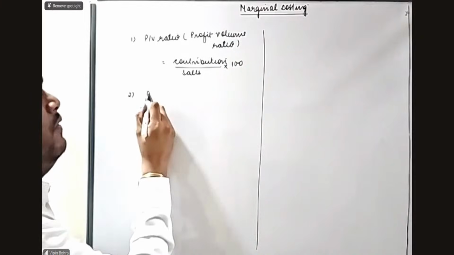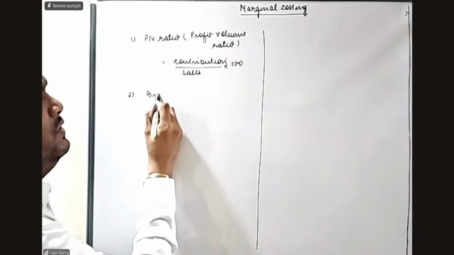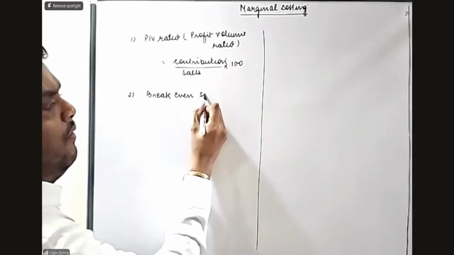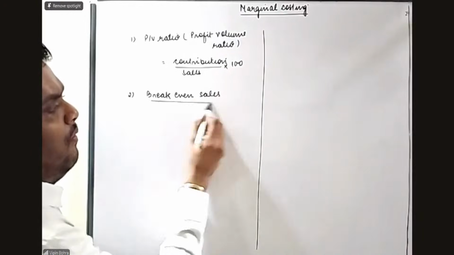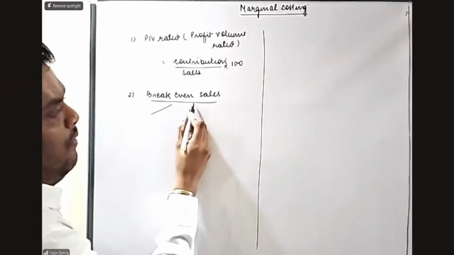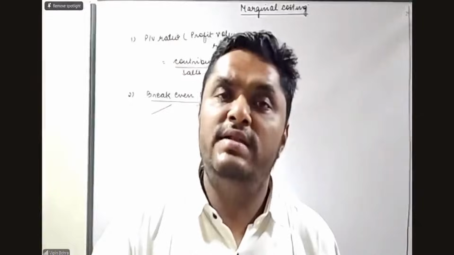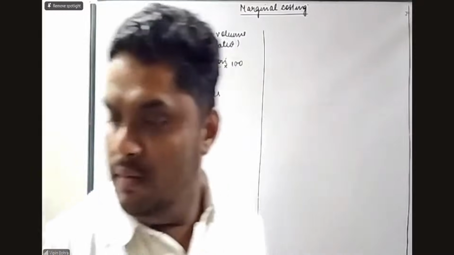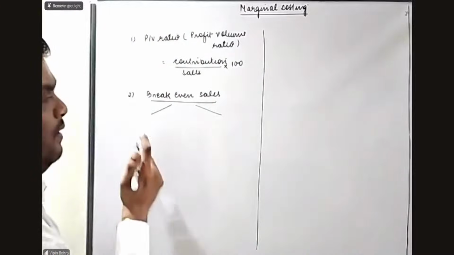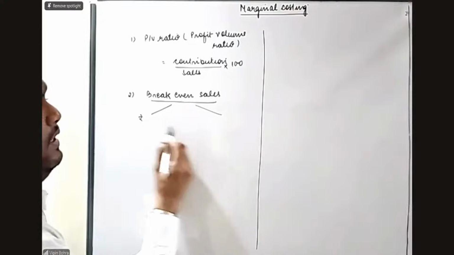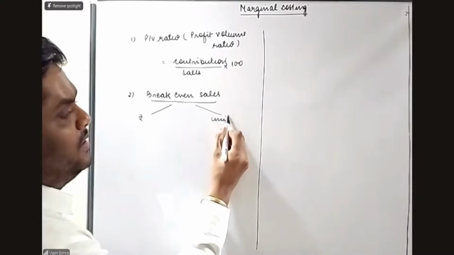The second part we discussed was break even sales. Break even sales is that level of sales where there is no profit, no loss. Break even sales can be calculated in rupees and in units.